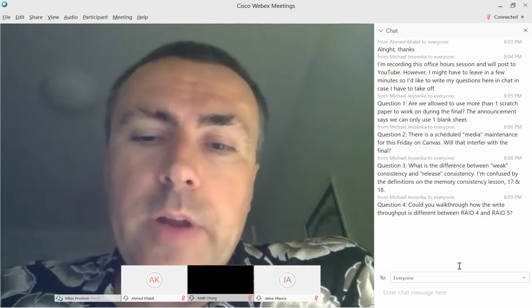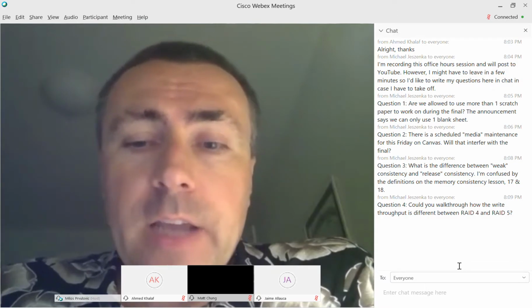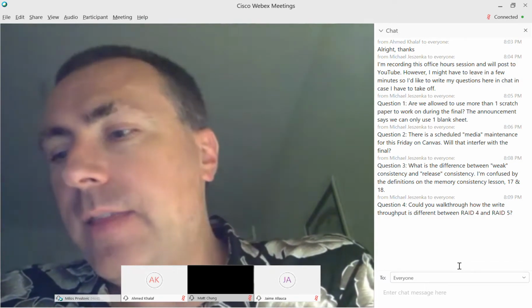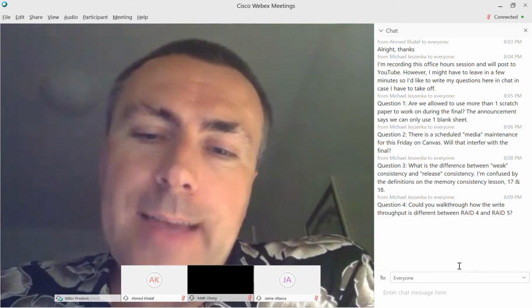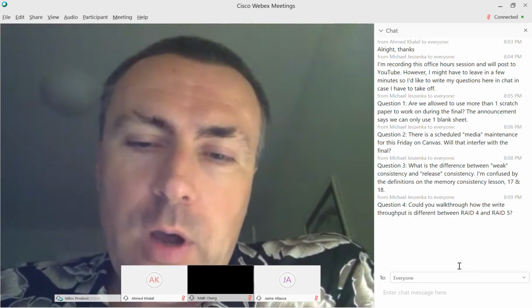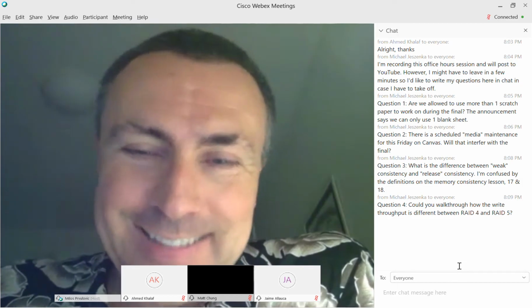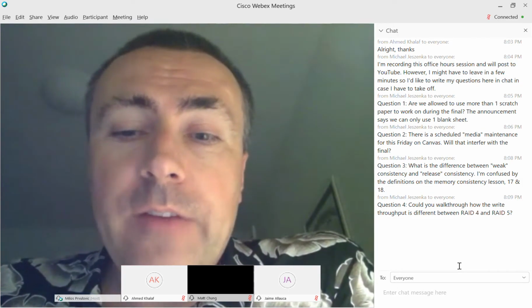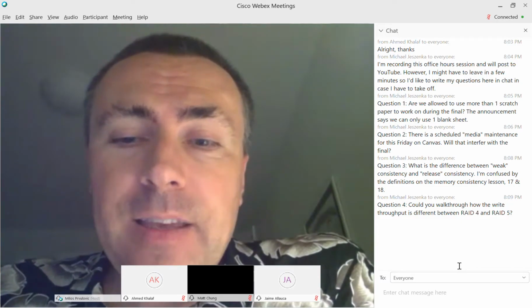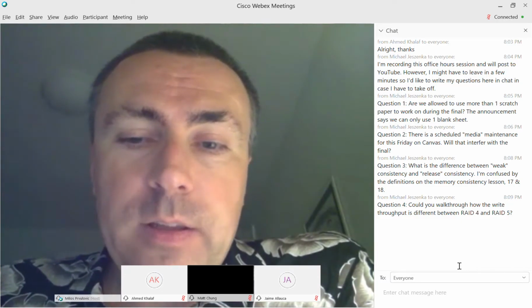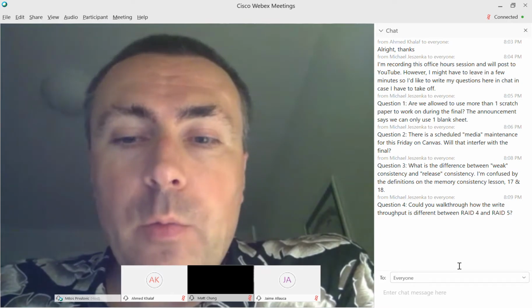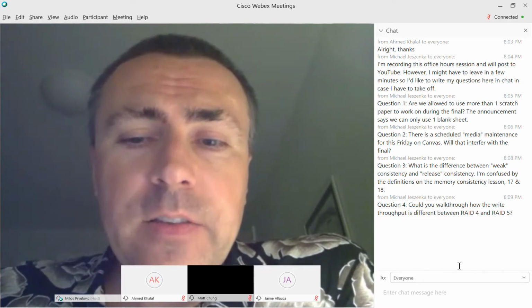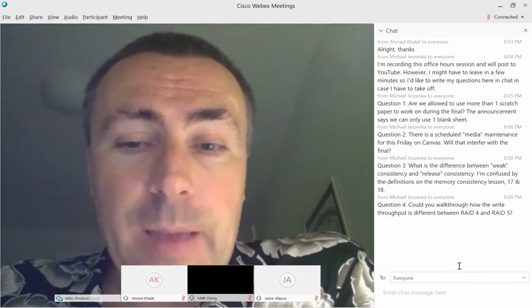Now, if you go to RAID 4, it has a parity disk. So basically, you have n disks. Let's call it n plus 1 disks, because it's easier to talk about n being the data disks and the plus 1 being the parity disk. So you have n plus 1 disks where n disks are for the data and the 1 disk is for parity. When we look at the read throughput, it's basically the same as RAID 0 except for the parity disk.